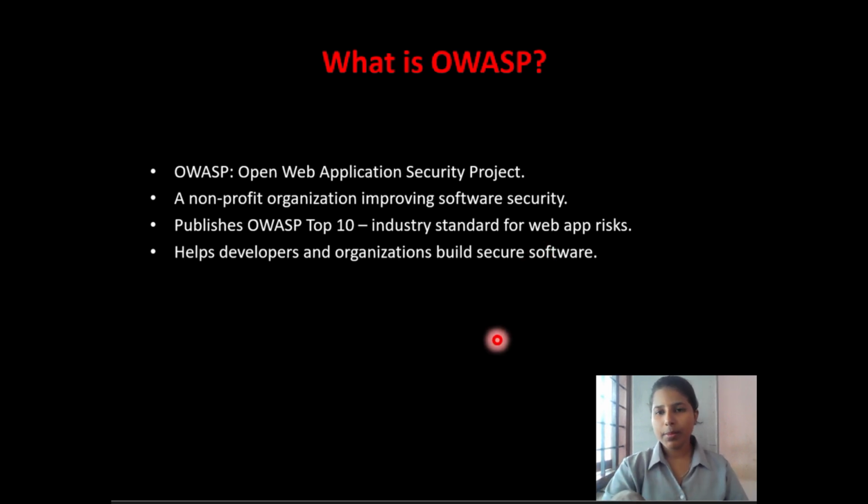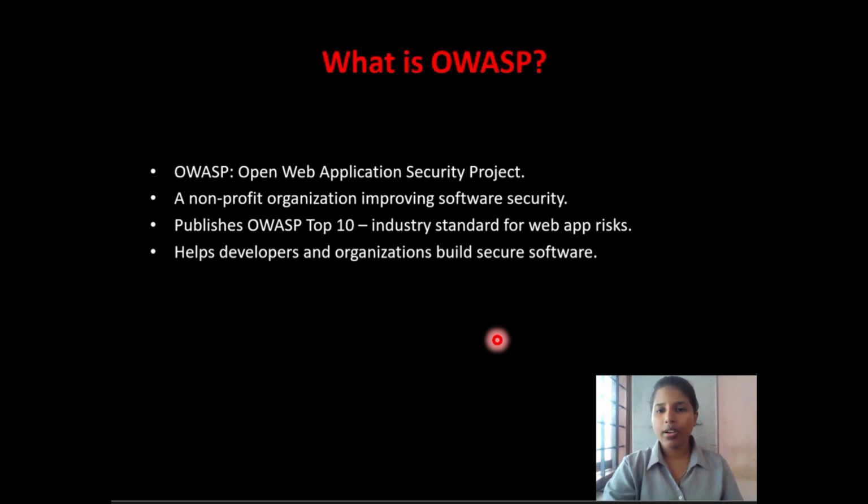So as I mentioned, OWASP stands for the Open Web Application Security Project. It's a non-profit web application security project, where thousands of cybersecurity experts, developers, and ethical hackers from around the world are all working together to make software more secure.